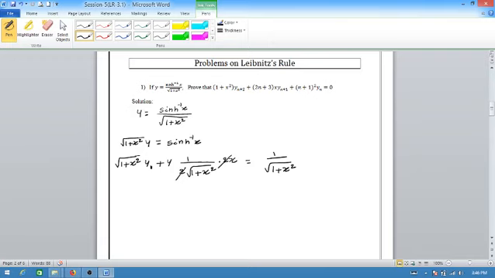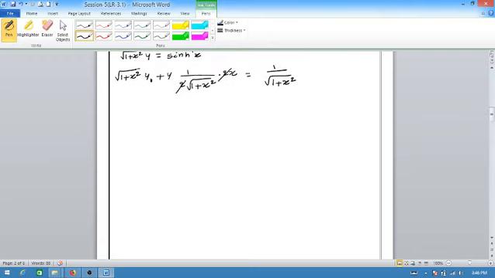Now here you take the LCM. Root of 1 plus x square is the LCM here. Now multiply. Root of 1 plus x square into root of 1 plus x square is 1 plus x square into y1, plus, if I multiply here, root of 1 plus x square and root of 1 plus x square get cancelled, so that is x into y.